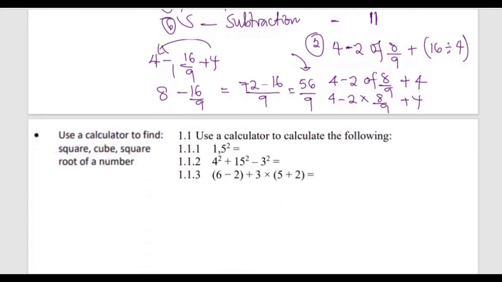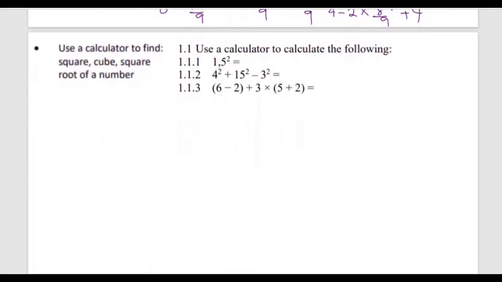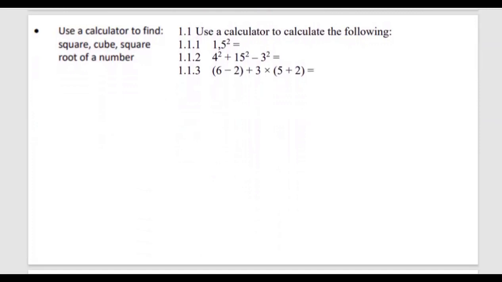Let's look at some solutions here, some questions. Use a calculator to find the square, cube. Okay. Square. What does this simply mean? Square, it means the number multiplies itself. The number times the same number. Example, we have the square of 4.